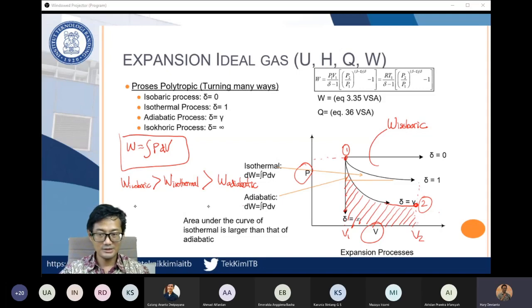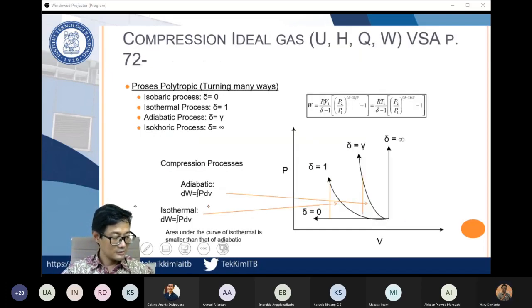And remember, for expansion, it means the work done by the system. So it's not the work that is given to the system, but work done by the system. So the result of the work will always be negative for expansion. The last one is compression.